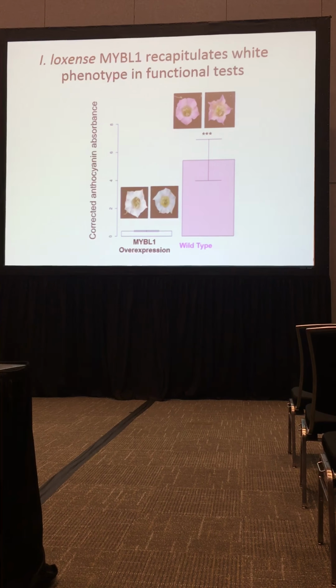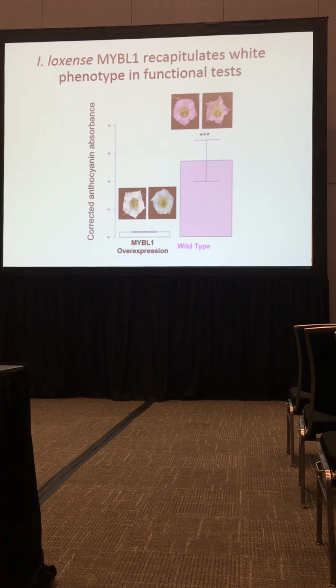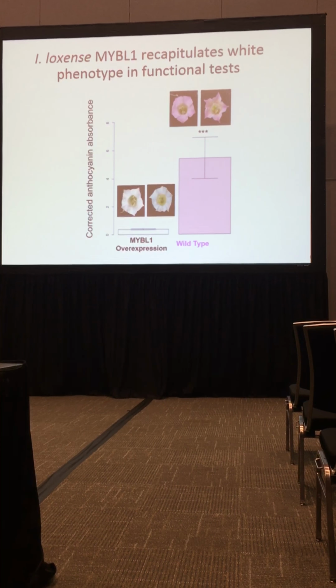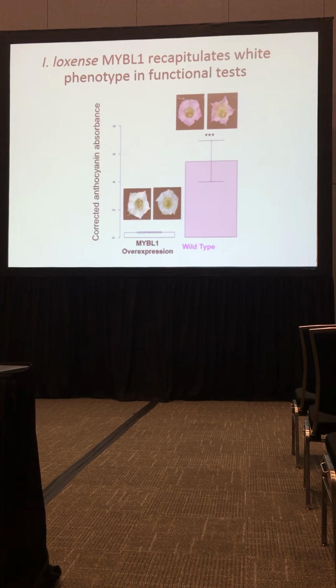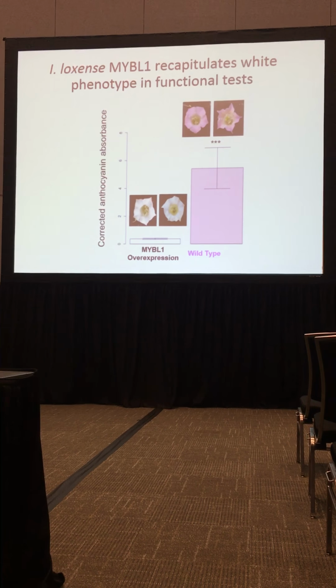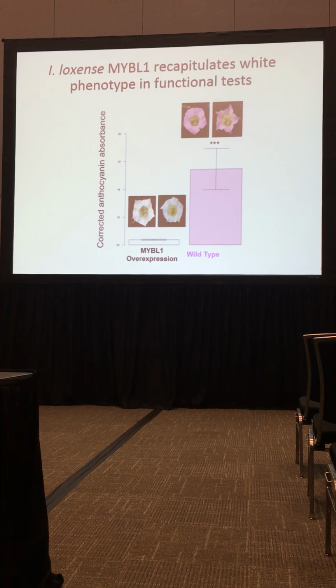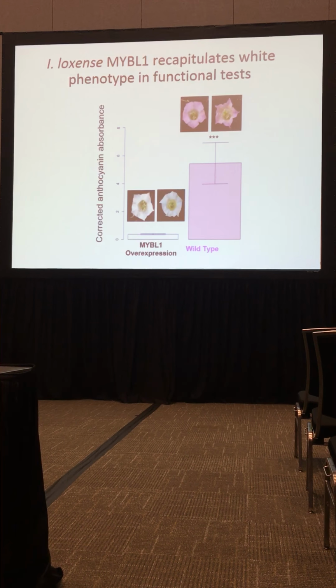They're closely related to Iochroma within the Solanaceae. And sure enough, when we overexpress a putative repressor, we don't have nearly the pink flowers, the tobacco flowers that we see in the wild type. So this really helps us nail down that we're really looking at a strong candidate here.